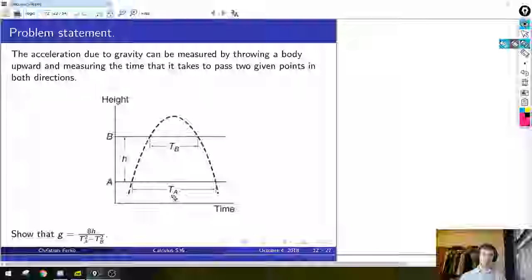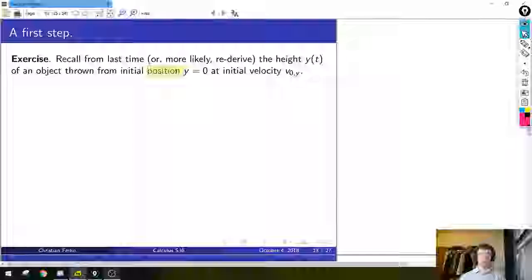So you get this nice answer where you solve for g in terms of those measured quantities, and you get 8 times the height over the difference of the squares of those 2 times, ta squared minus tb squared. And our goal is to prove this. So the first step, since I'm scaffolding these for you, will be to either remember from last time, or if not, we'll just rederive it.